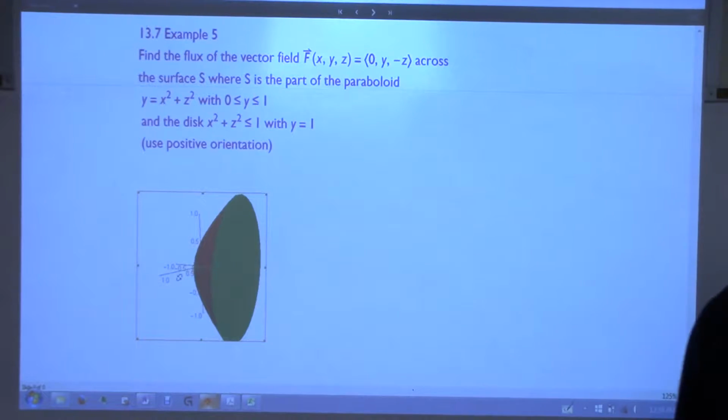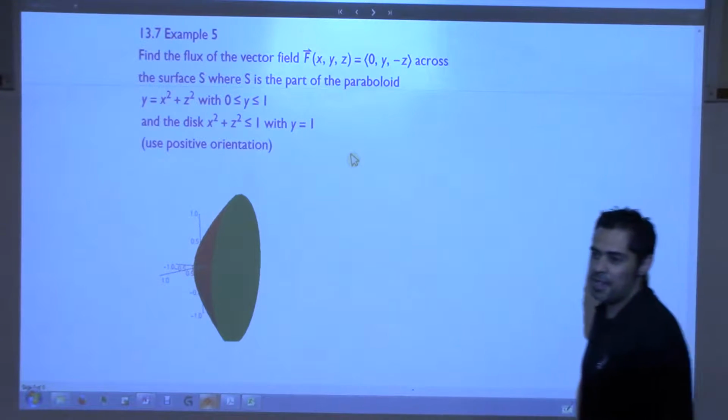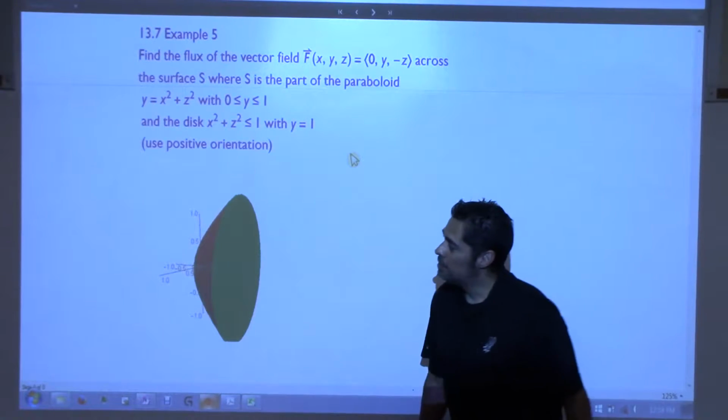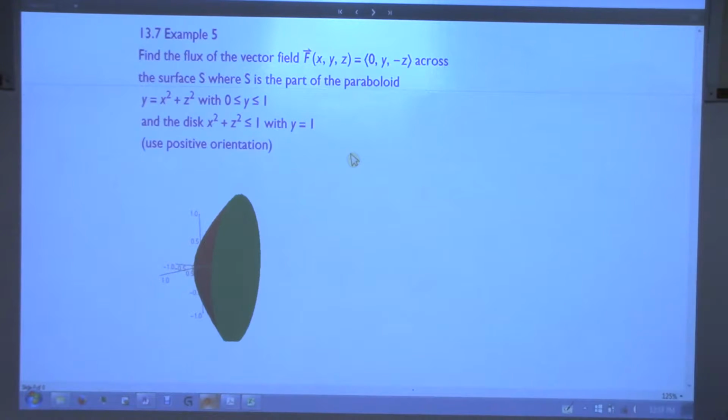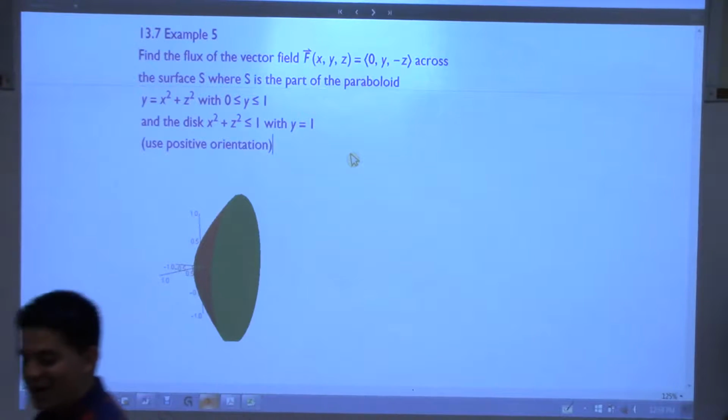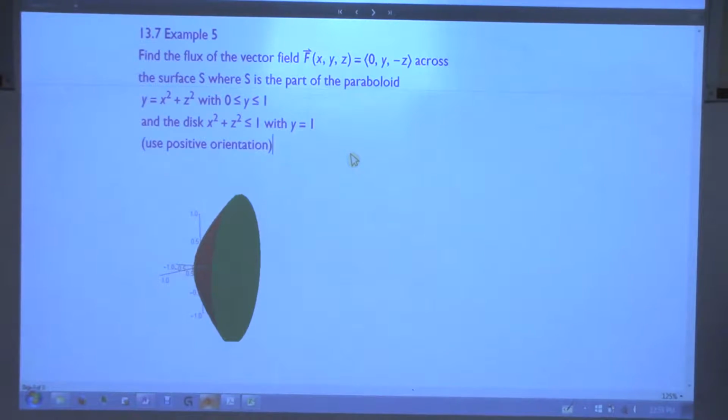I want to try and get through 13.7. Just barely here. I'm watching. Has to be handed in by one. Oh, well, that's just unfair. Ah, bar's closed.